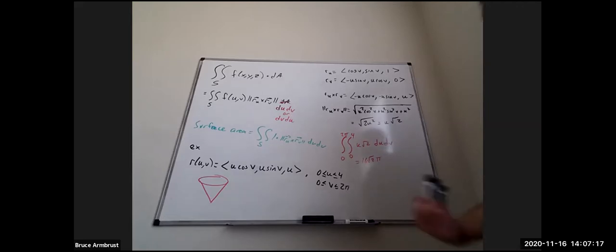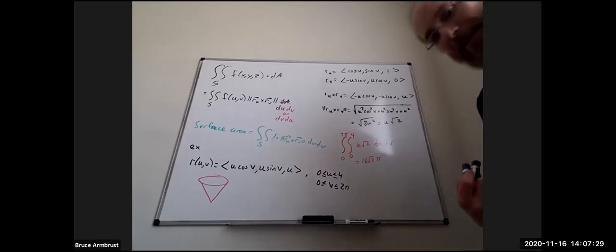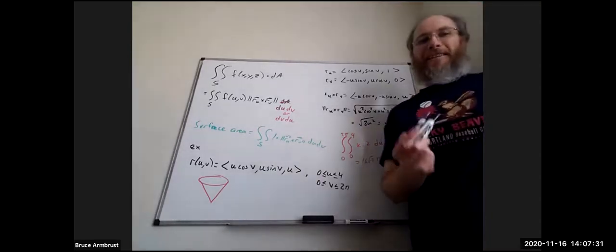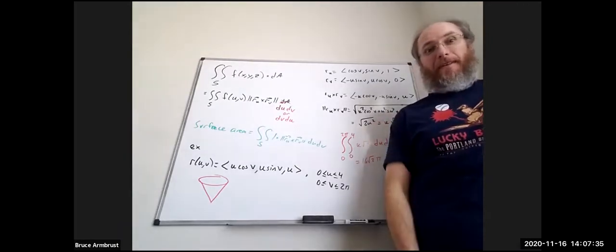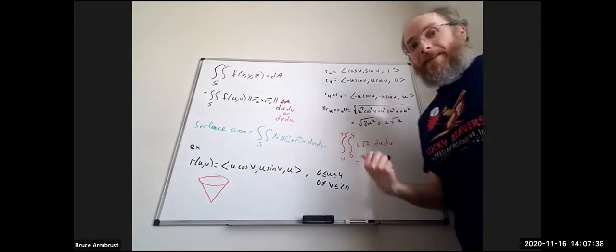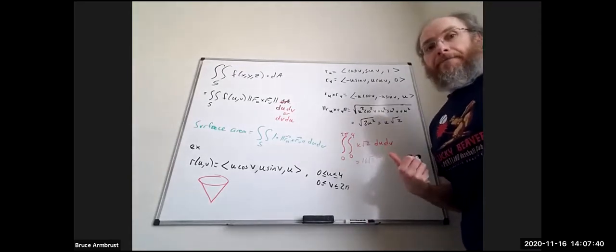All right, so this is about as simple of a surface integral as you're going to get. And I just realized that I just said that, and some of you probably went, oh shit, this one's simple? Because there was a lot to do here, right?